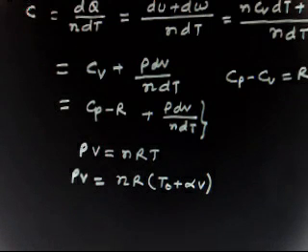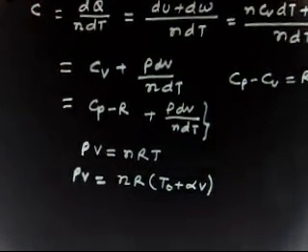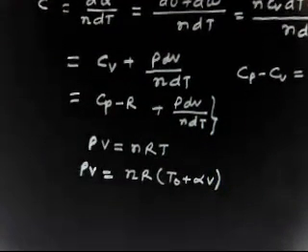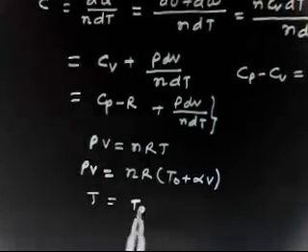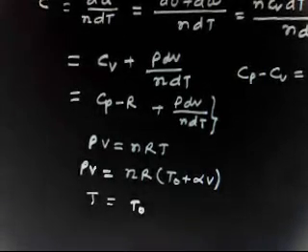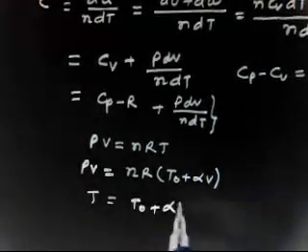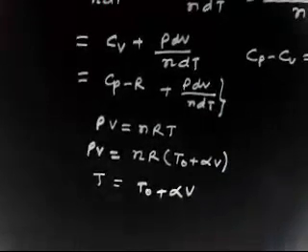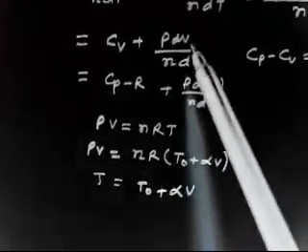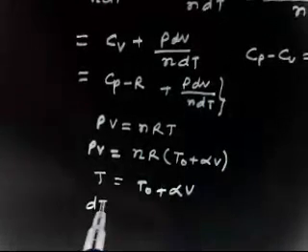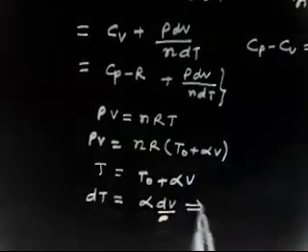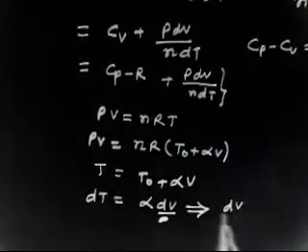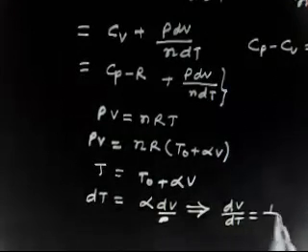Let us think. We have the equation for temperature, T equals T naught plus alpha V. If we differentiate this equation, dT is equal to alpha times dV. So from this equation we will have dV by dT equal to 1 by alpha.